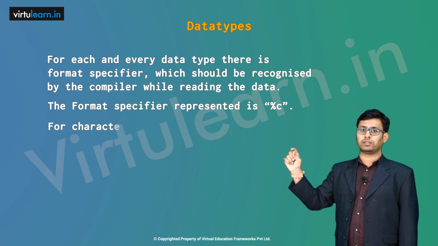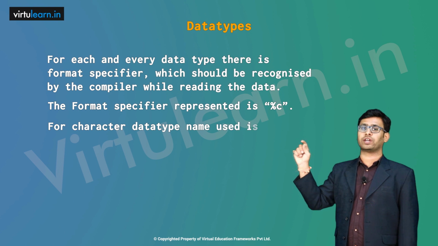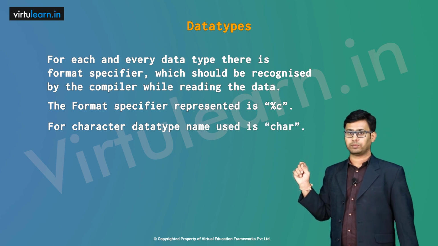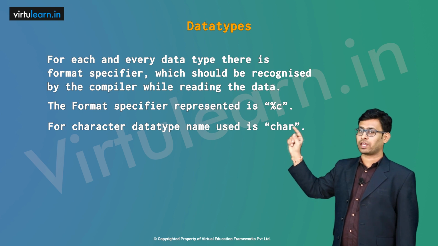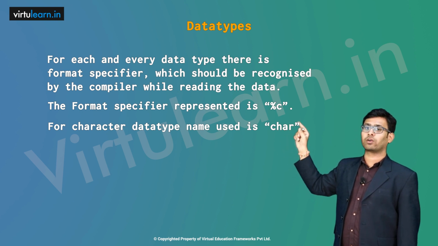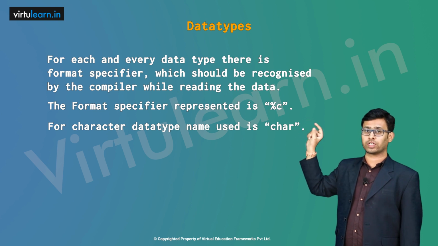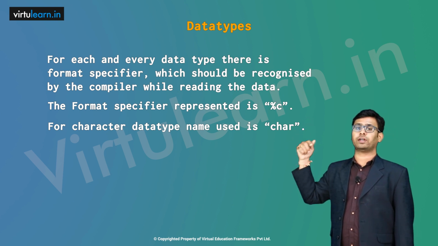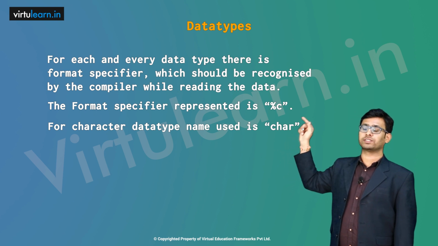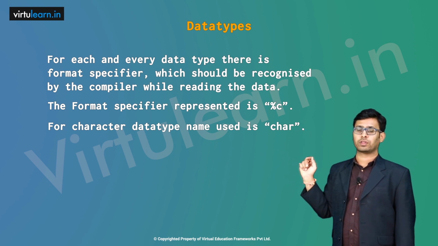For character, we use the data type name char, followed by the identifier name, and we write the character within single quotation marks. If you want to read it at runtime, we write it with %c while reading the data.